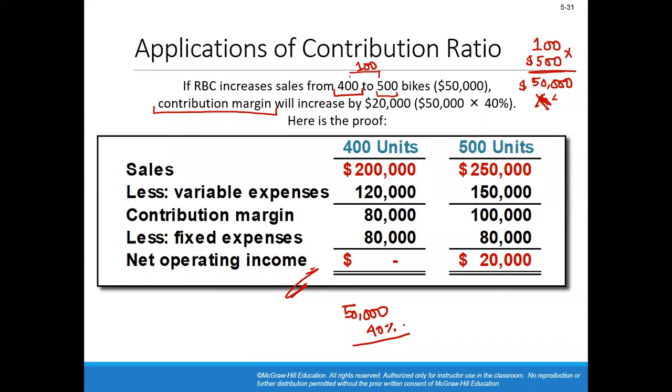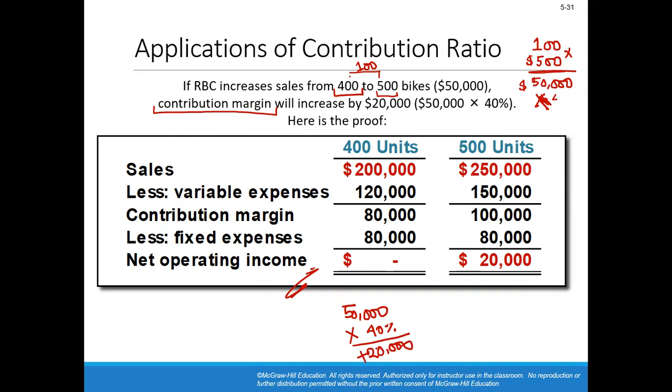In that case, how much will be the change in net operating income? We will be able to get this number by doing this calculation. We see that our net operating income will go up by 20,000.